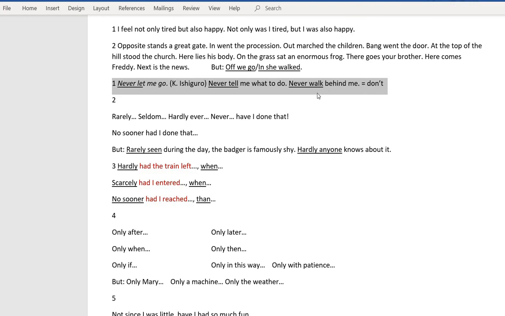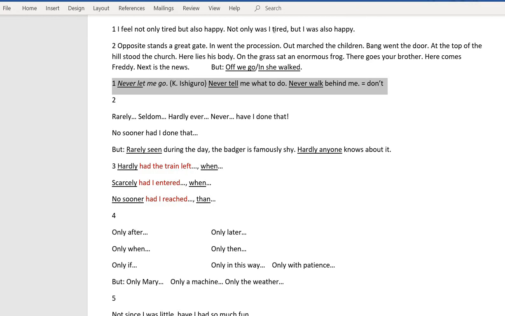So be very careful. And this begins to show you what the problem is here. Actually, never is modifying let only. And when it modifies, or refers only to, the verb, then inversion disappears. And now this not only actually refers to the whole phrase. Not only was I tired.